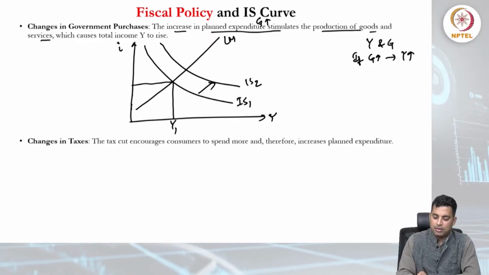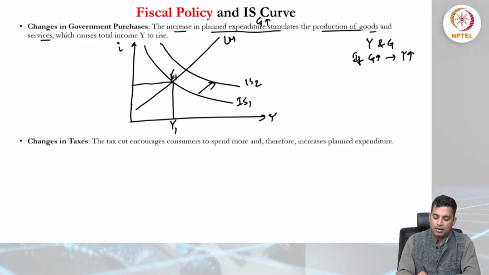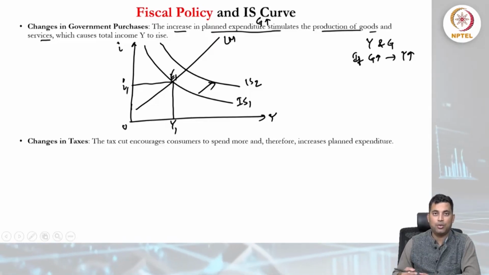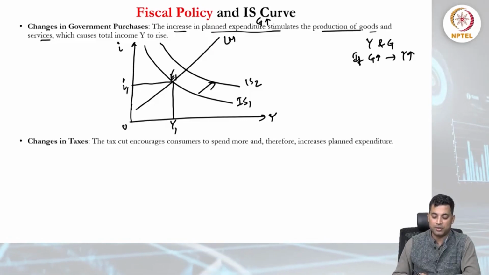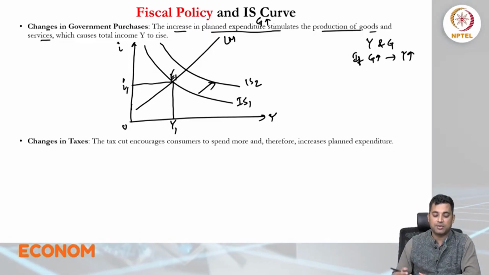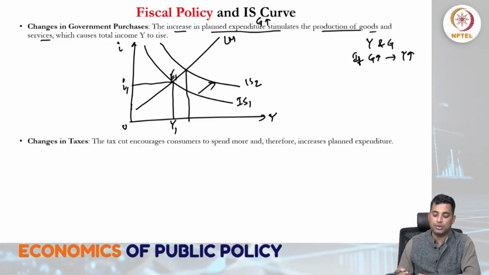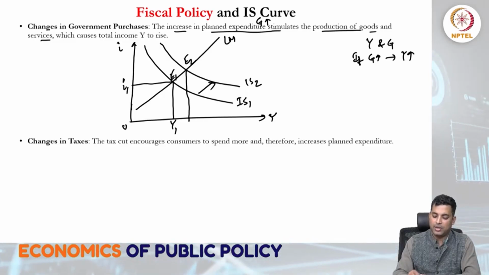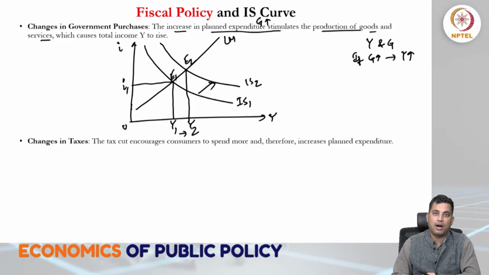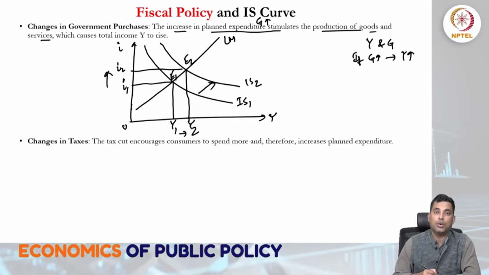Here, if you see, at the initial equilibrium E1 we have OY1 amount of output and OR1 rate of interest. With expansionary fiscal policy, the IS curve shifts rightwards, and we get the new equilibrium point E2 between IS2 and LM, which means we have higher output, but at the same time the rate of interest also goes up.